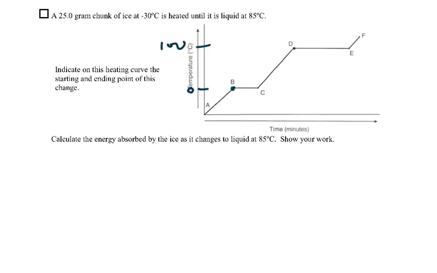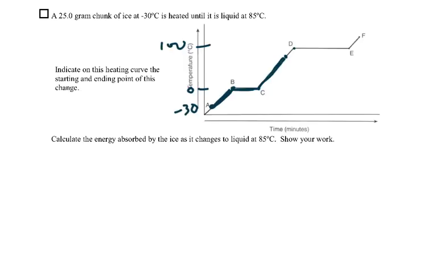So we're not there, we're actually before that. We're here at negative 30, so we're going to go this much. And then heat it until it's liquid at 85. That means we're going to melt it, and then go up to 85, almost this way here. So there are three segments on our heating curve.